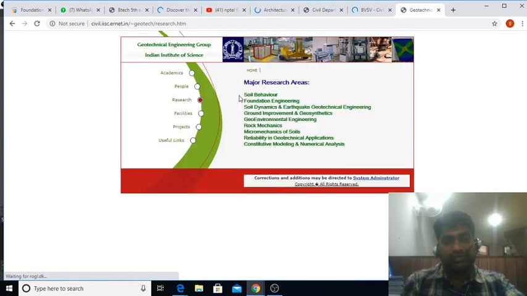Major research areas in the field of geotechnical engineering are soil behavior, foundation engineering, soil dynamics and earthquake geotechnical engineering, ground improvement, geosynthetics, geoenvironmental engineering, rock mechanics. These are the areas in which you all people have to work if you are pursuing a higher degree in the field of geotechnical engineering.